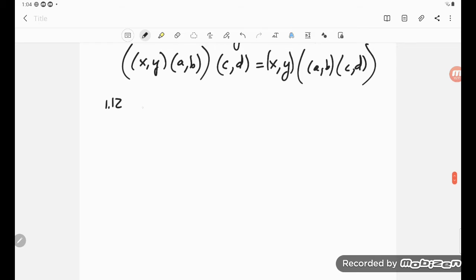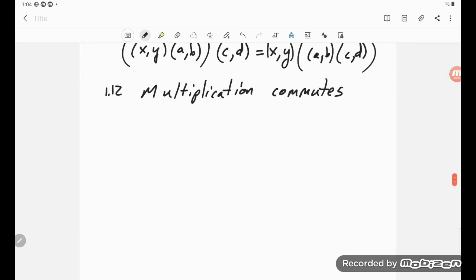1.12, multiplication commutes. So multiplication is commutative.